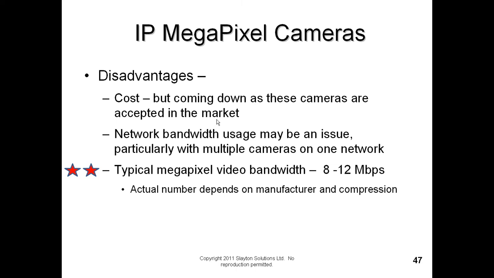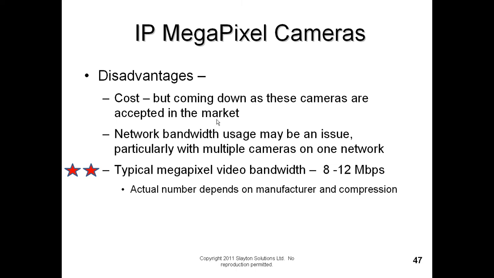A possible disadvantage of megapixel cameras is the bandwidth. When they're set to transmit in motion JPEG, they will require 8 to 12 megabits per second of bandwidth, and that's pretty big, right? But remember, we can reduce that by cutting the frame rate.